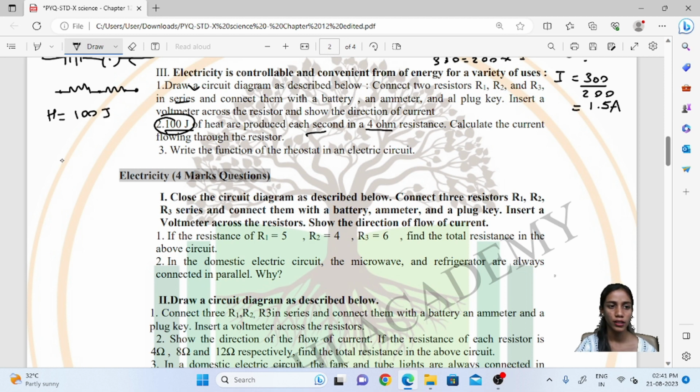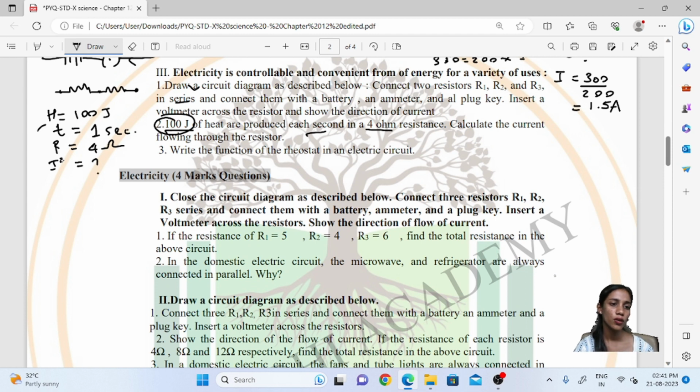So time T is given as each second, so it is 1 second. And in 4 ohm resistance, so resistance is given as 4 ohms. Calculate the current flowing through the resistor. So here you have to find the current, right?